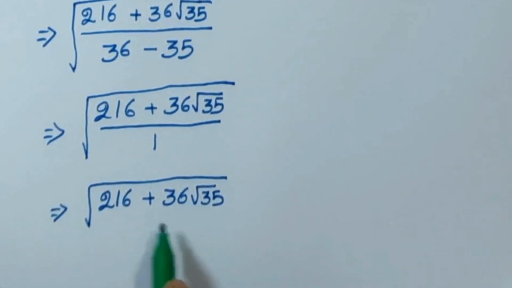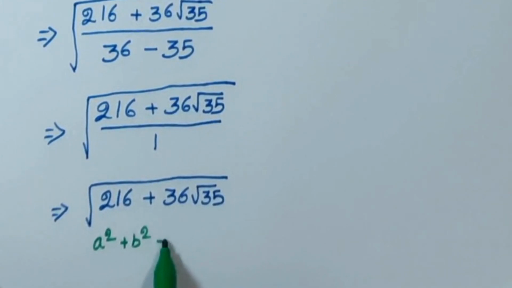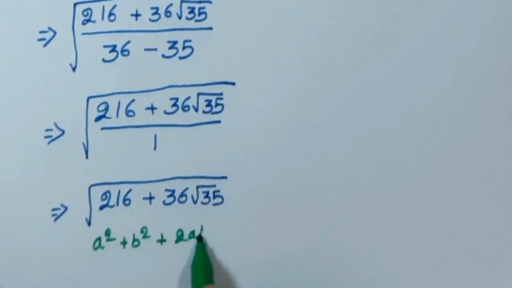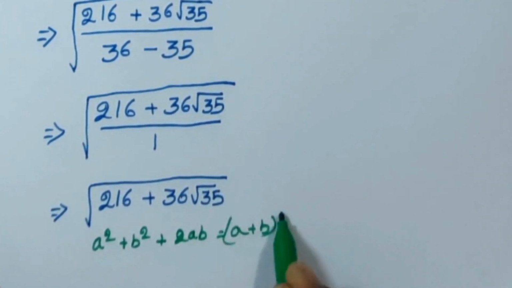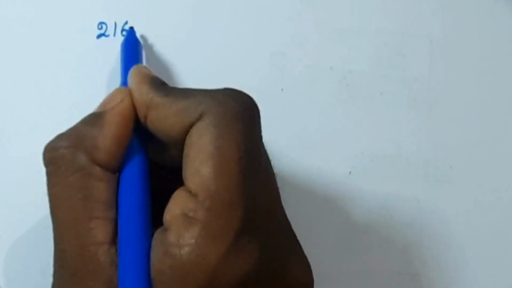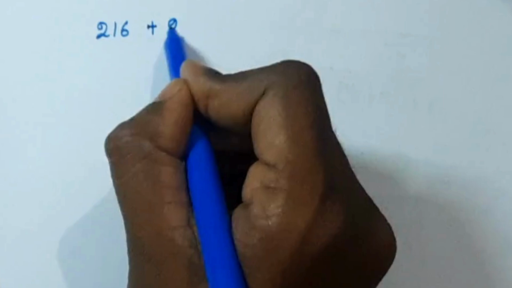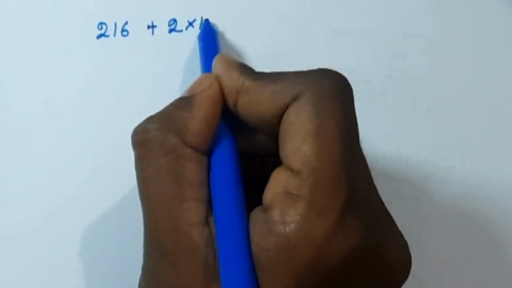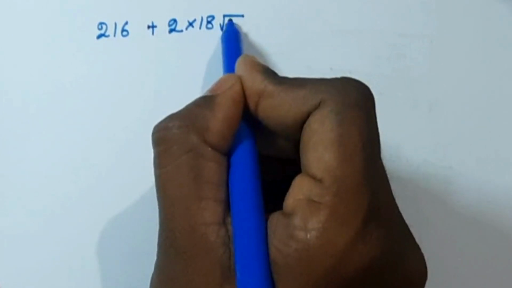We are going to change this using a square plus b square plus 2ab equal to (a plus b) whole square. 216 plus this 36 can be written as 2 times 18 times square root of 35.